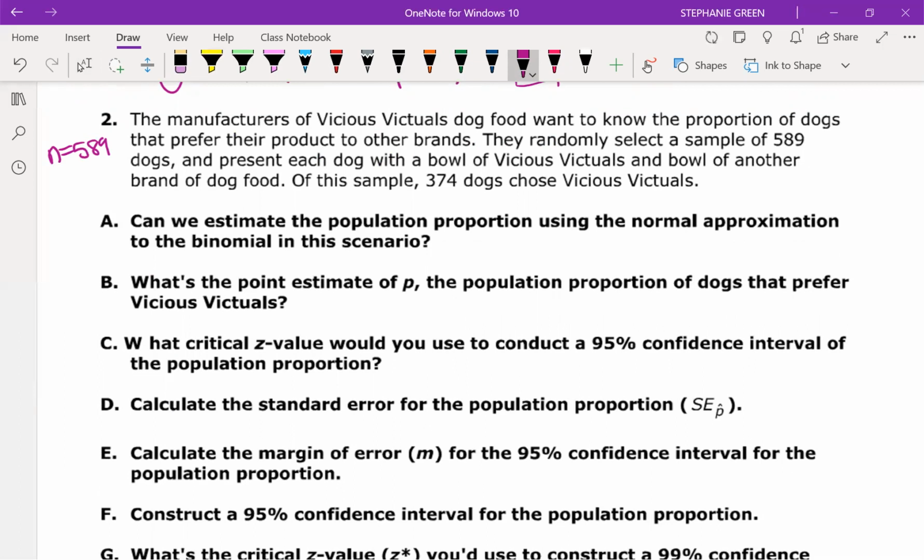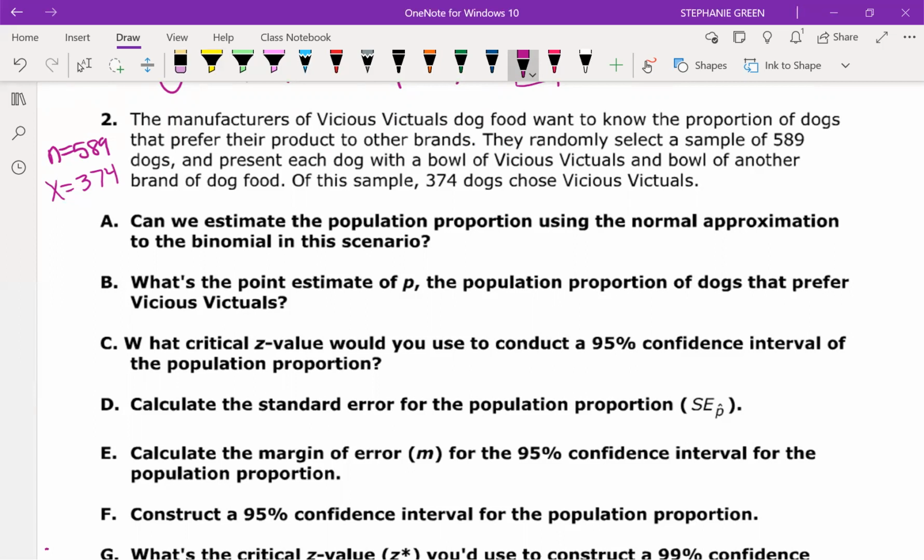On this sample, 374 dogs chose Vicious Victuals. All right, so n is 589, x is 374.